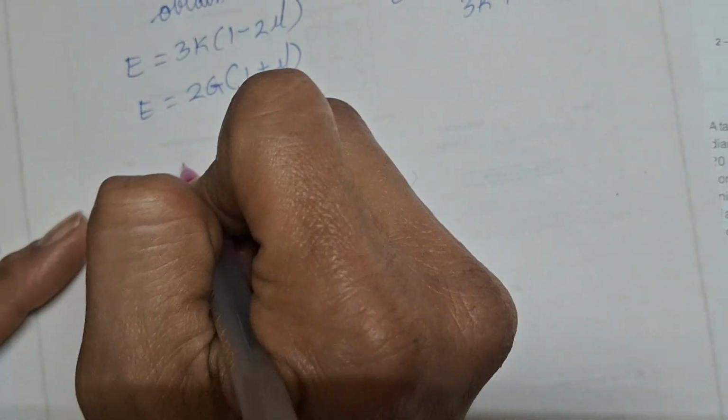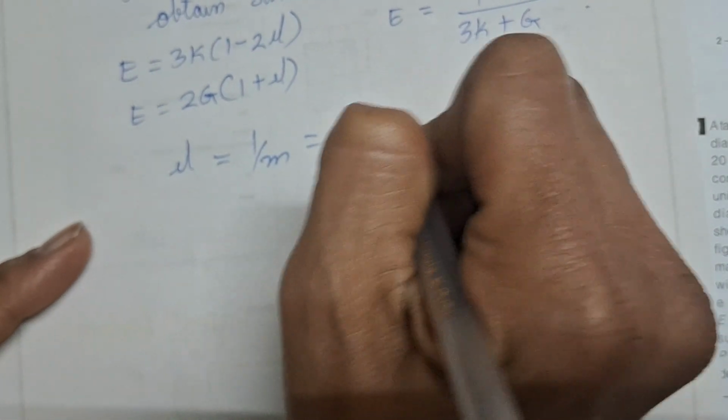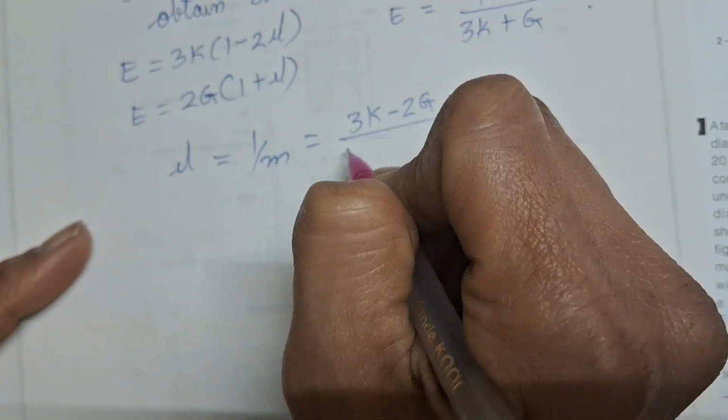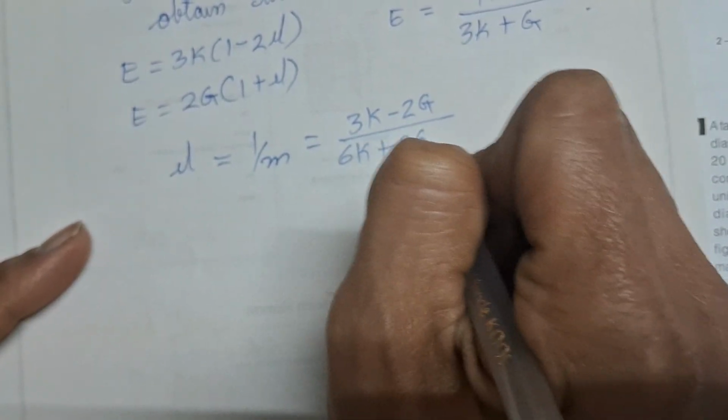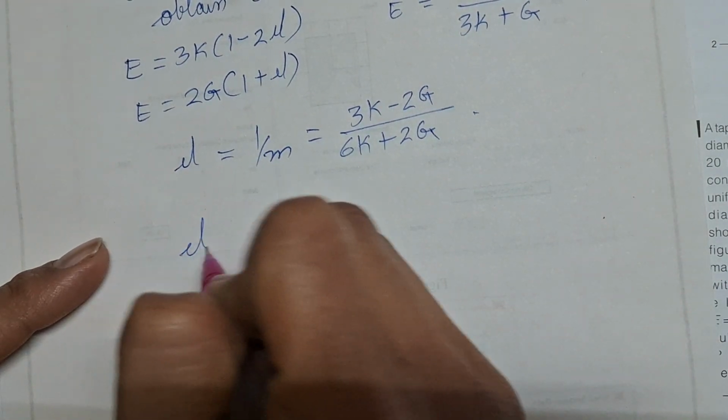We can use these formulas to find other parameters. Mu, sometimes written as 1 by m, is 3K minus 2G upon 6K plus 2G, that is also a valid equation.